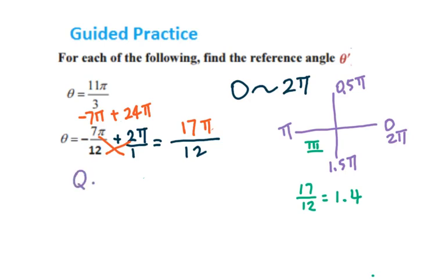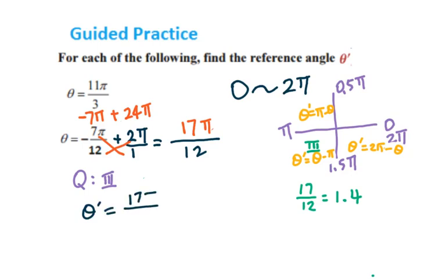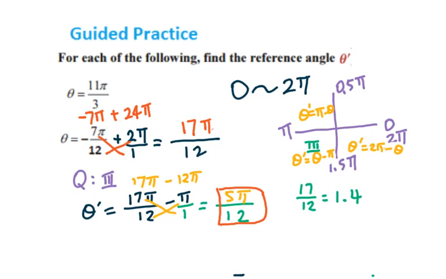Therefore, for your reference angle, you have to do 17 pi over 12 minus pi, then put over 1. Denominator multiplied is 12. Then 17 pi minus 12 pi means 5 pi over 12. That will be your reference angle.